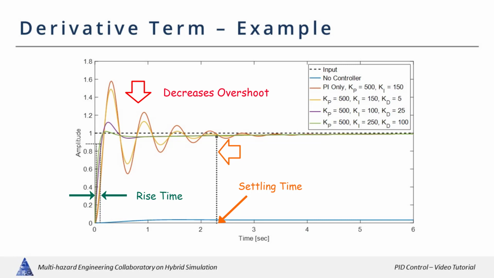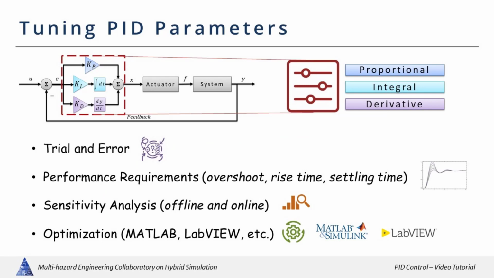However, in more complicated systems, one must be careful with the derivative component because it can make the system highly sensitive to feedback noise. Adjusting the control parameters is known as tuning, and there are multiple techniques to do it. Frankly, there is no single answer or best parameters, but tuning of the PID gains depends on the needs of the user.